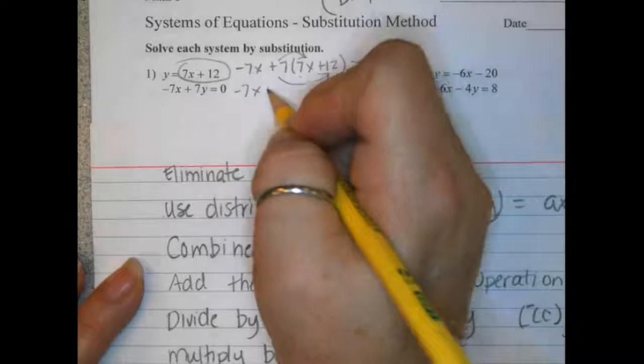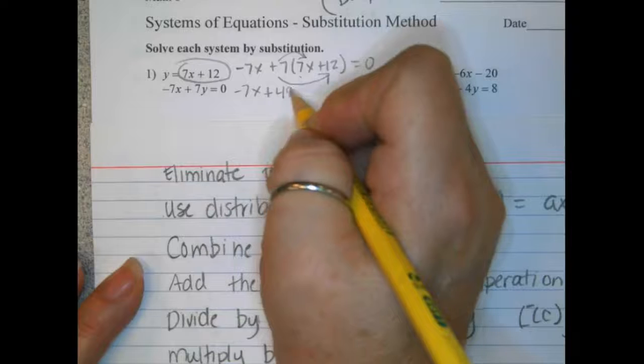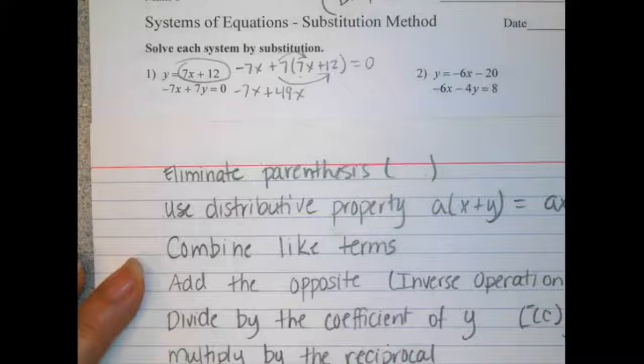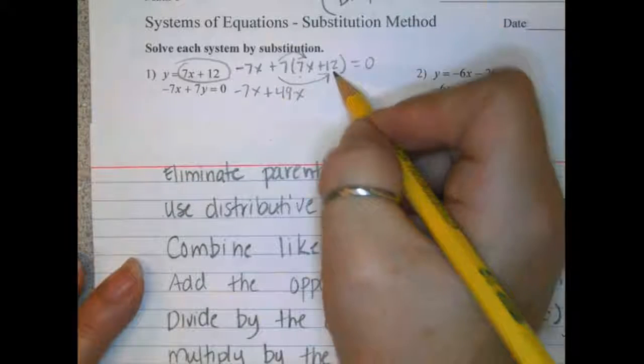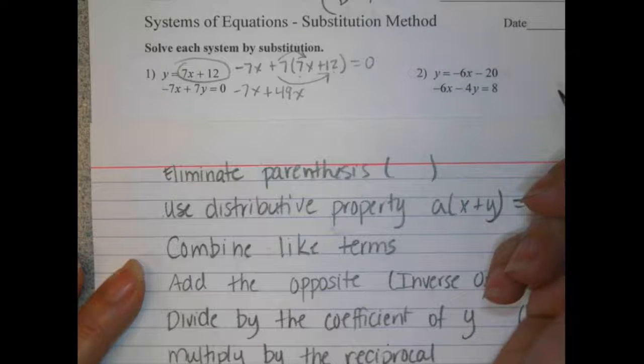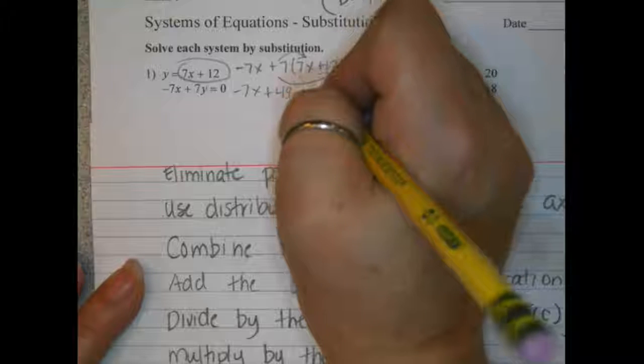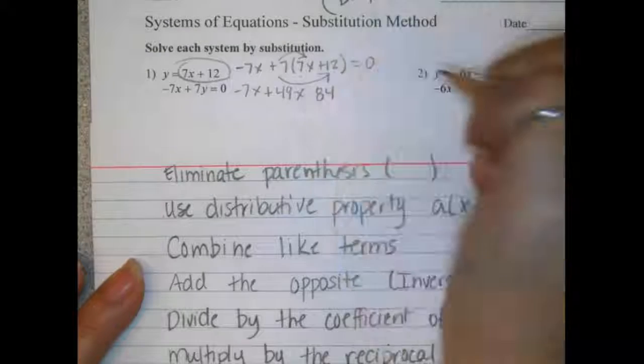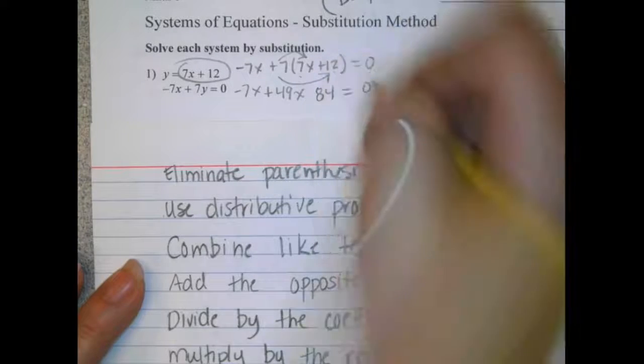They're both positive, so it's plus 49x. And 7 times 12 is going to give me a pretty big number. So if you guys need your calculators, that's absolutely fine with me. 7 times 12 is going to be 84. So I'm going to bring 84 over, and then it's going to equal 0.